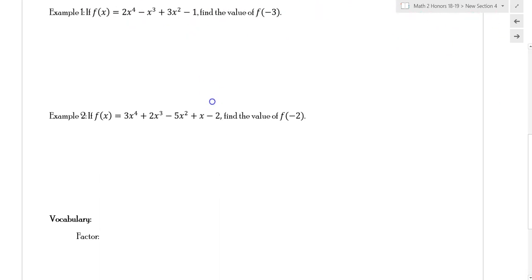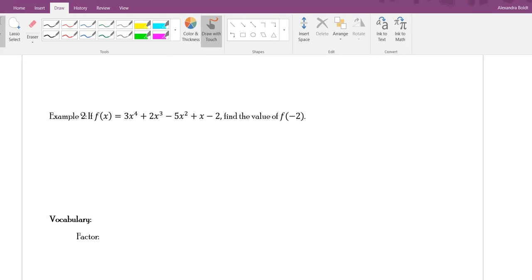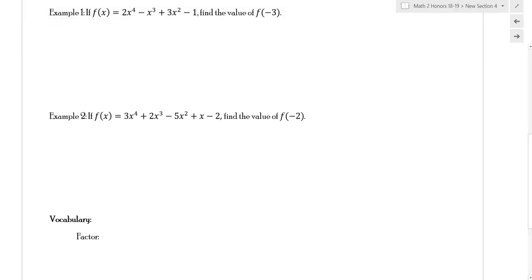All right, let's look at example 1. So we have f of x equals 2x to the 4th minus x cubed plus 3x squared minus 1. Again, I'm going to rewrite this: 2x to the 4th minus 1x cubed plus 3x squared, I have no x's, minus 1.